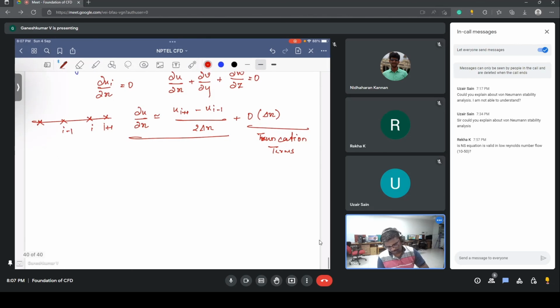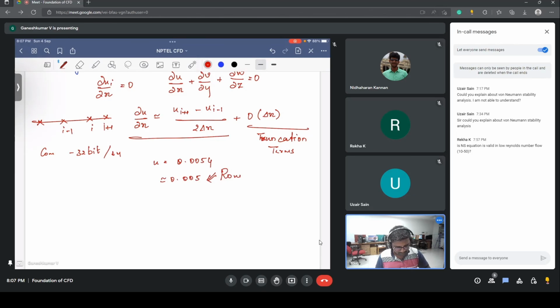Another one: in your computer, let's say 32-bit or 64-bit, we can't store the data for very many decimal points. So let's say velocity is 0.0054. What we do is approximate it as 0.005. So what we are doing here is round off.